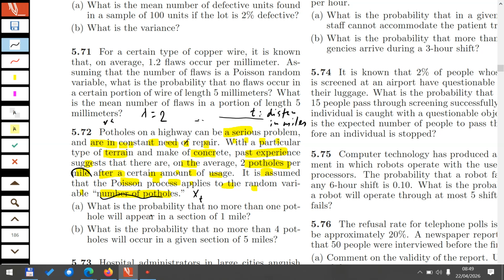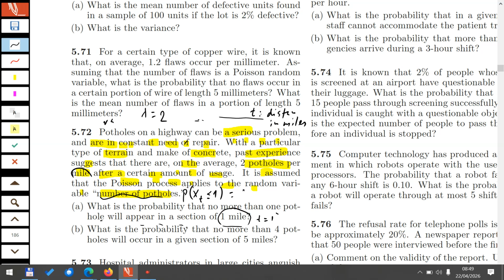Now, what is the probability that no more than one pothole will appear in a section of 1 mile? So here t is also 1. In this part, t is equal to 1. And what is the probability? P that x of t is no more than 1, less than or equal to 1, right?